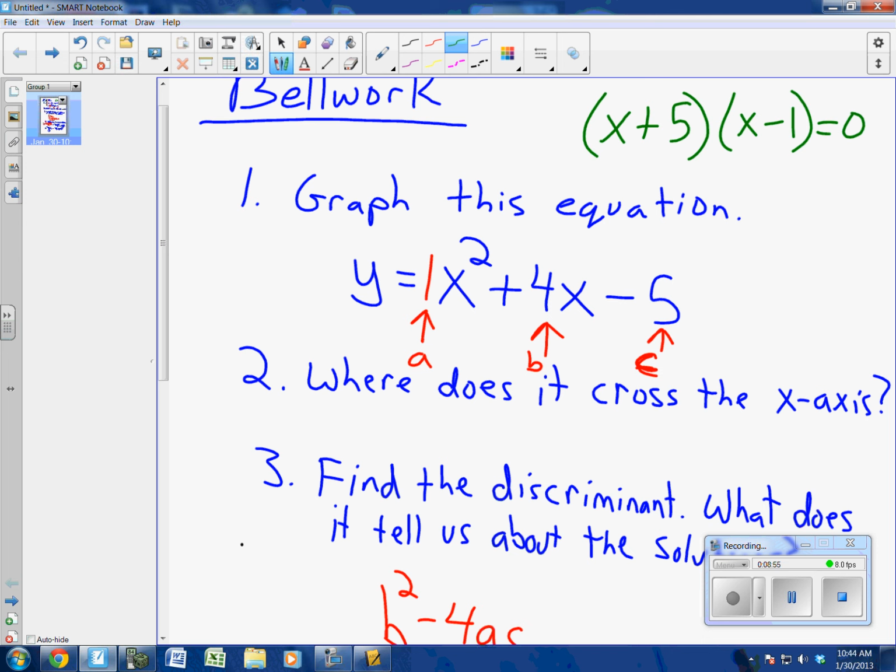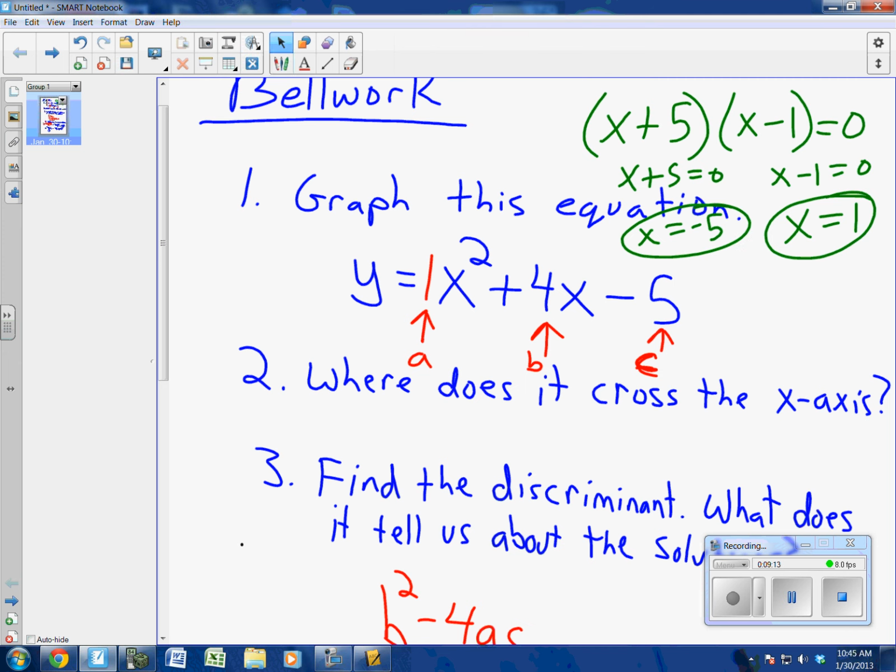And if you add 5 plus negative 1, you get positive 4. If you set each one of these factors equal to 0 and solve those equations, I would add 1 to both sides of this, and I get positive 1. I would subtract 5 on both sides of this one, and I would get negative 5. So there is another way that we could have solved this problem because it's factorable.